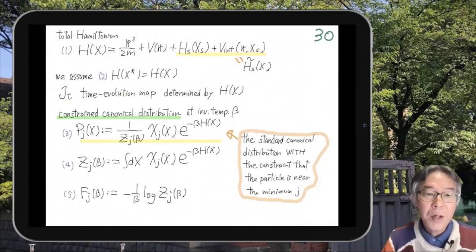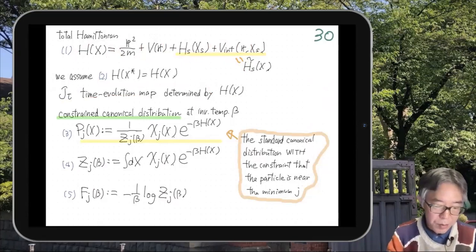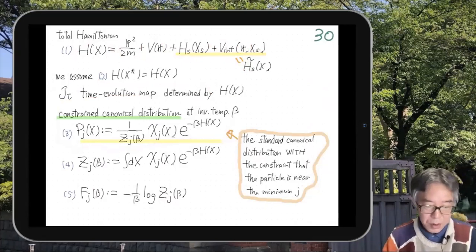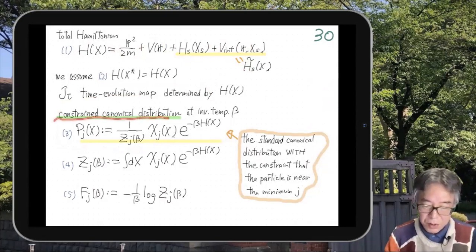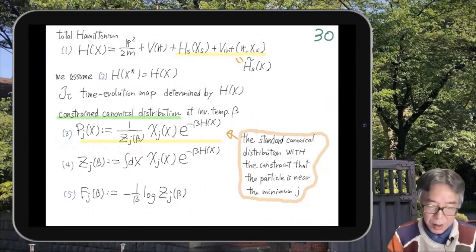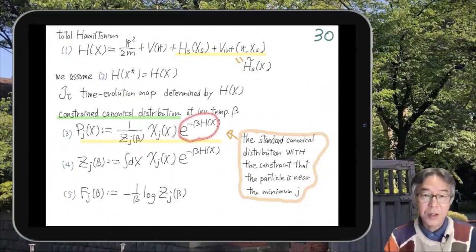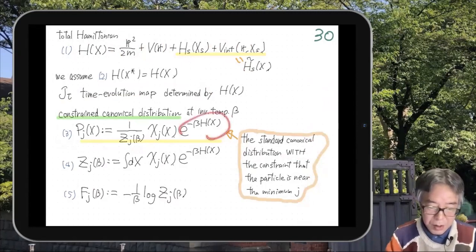Okay, now this is our important initial state. What is this? Well, this is called the constrained canonical distribution, and this is basically the standard canonical distribution with one constraint that the particle is near the minimum J. So here's the Boltzmann factor, that's the standard, but here this chi.